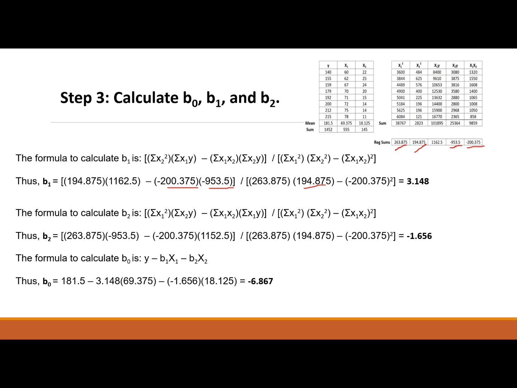So the summation of x1 and x2 is negative 200.375, then squared. Following those equations, we get the total of 3.148. So this is our B1.